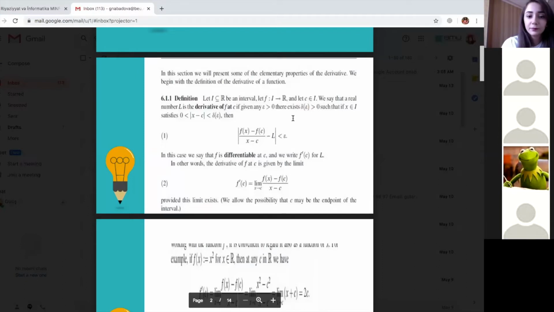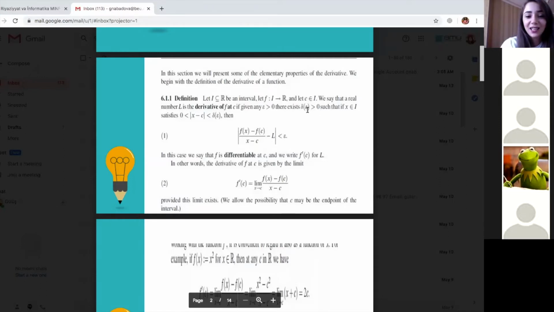Let f be a function from E to R, and let c be in E. We say that the real number L is the derivative of f at c if for every epsilon there is a delta such that |(f(x) - f(c))/(x - c) - L| is less than epsilon.